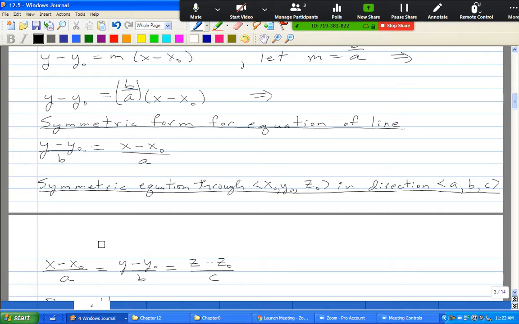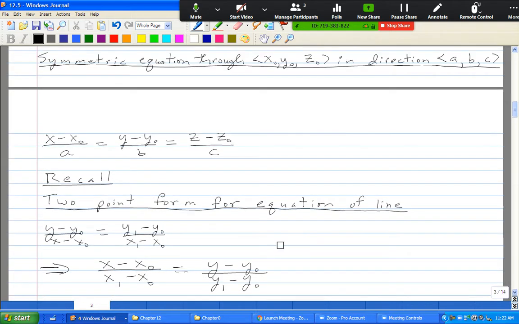So x minus x naught over a is equal to y minus y naught over b, and x minus x naught over a equals z minus z naught over c, and y minus y naught over b is equal to z minus z naught over c. So any of those combinations. And again, it's under the assumption that if I divide by 0, then the numerator must also be 0.